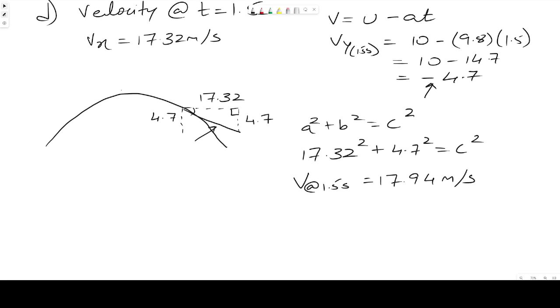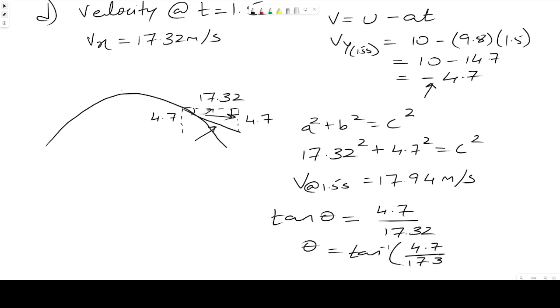And for the angle, remember, this is the opposite and this is my adjacent, so tan of theta is equal to 4.7 divided by 17.32. Therefore, theta is equal to tan inverse of 4.7 divided by 17.32. This becomes an angle of 15.2 degrees, rounding to one decimal place.